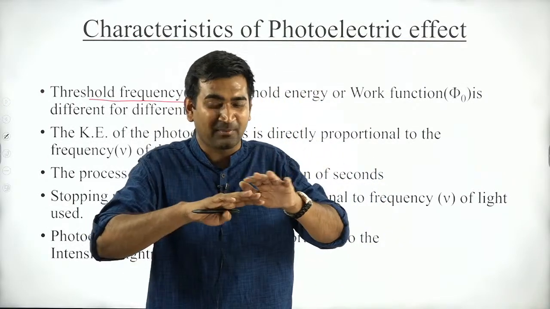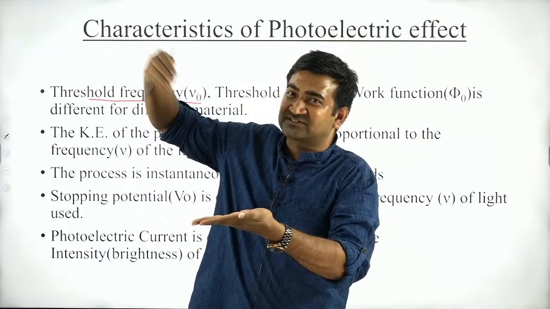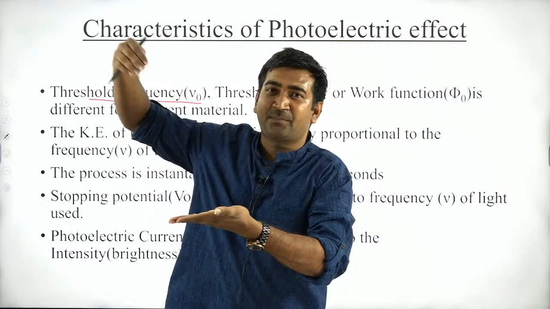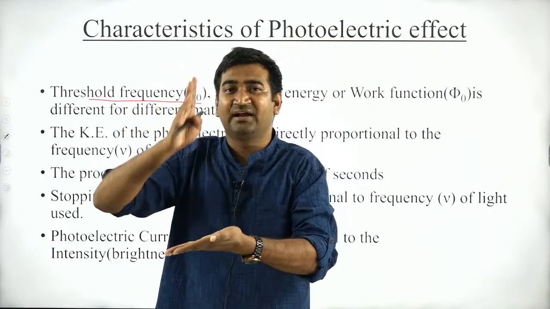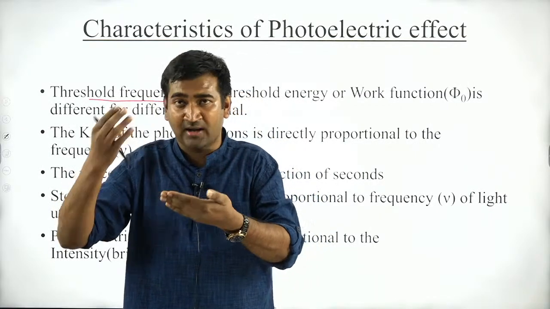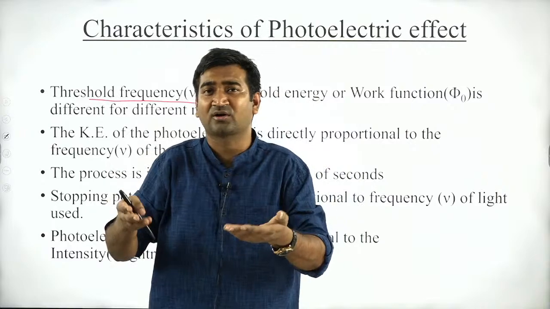You can just imagine a system where there is a metallic surface and light is coming on this surface with some particular energy, particular wavelength, some particular frequency. It should actually be greater than the threshold; equal to will also not cause the photoelectric current.